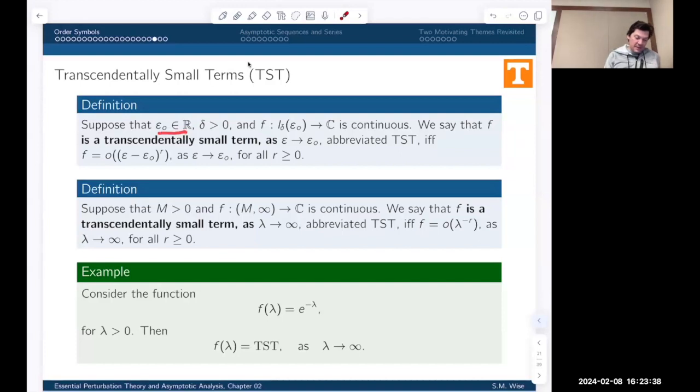Suppose that epsilon naught is in R, delta is greater than 0, and f is some function now just from an interval into the complex numbers. Suppose that's continuous. We say that f is a transcendentally small term as epsilon goes to epsilon naught, which is abbreviated as TST. Okay, you'll hear me say TST a lot from this point on.